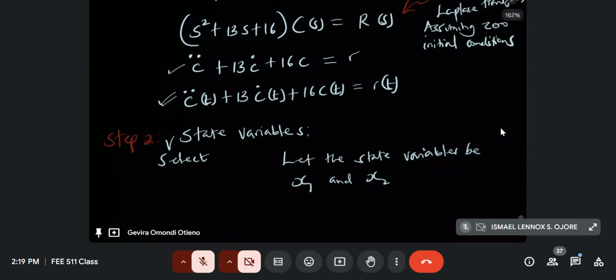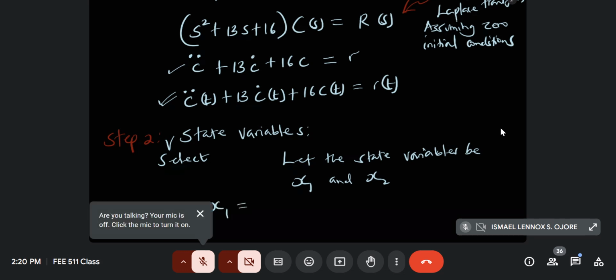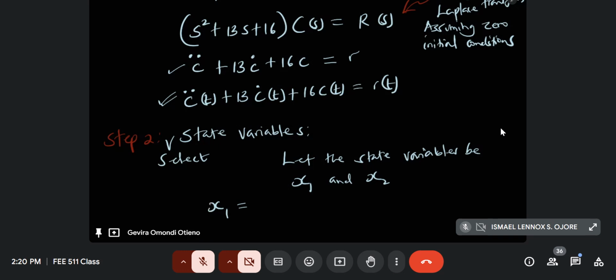Now, what is x1 based on what is the physical variable we are picking based on our differential equation? You can pick a clue of what your first state variable is, because it is a variable that has corresponding derivatives.